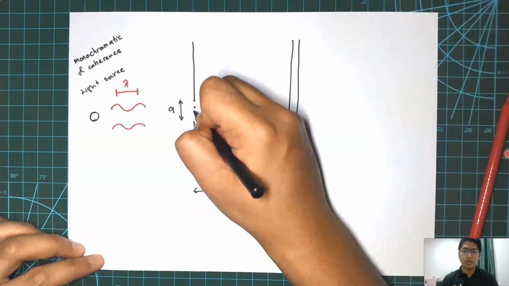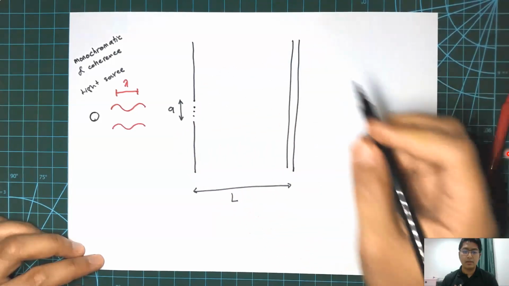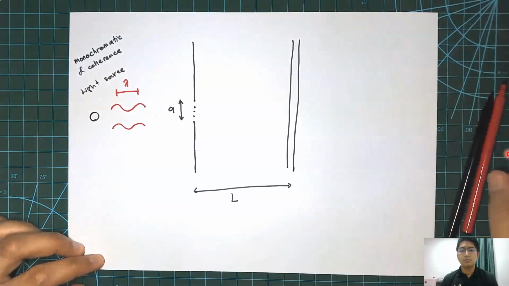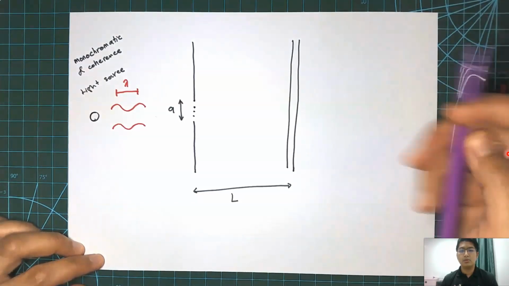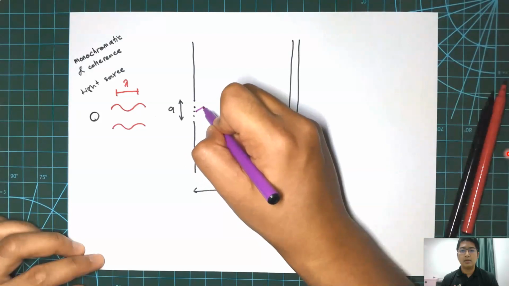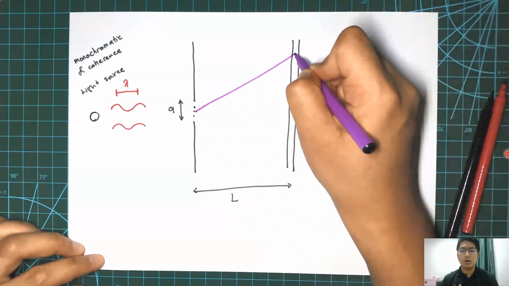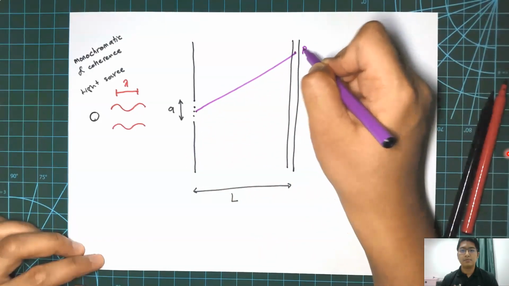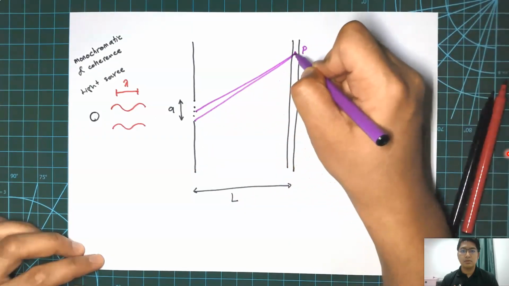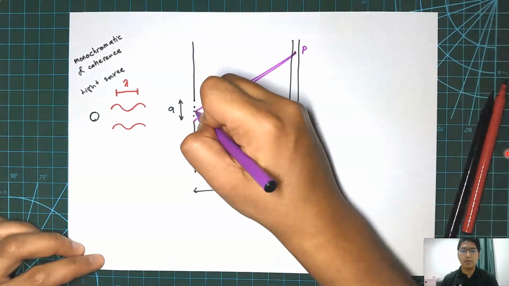So the slit is divided into several portions. Each portion, according to Huygens' principle, acts like a source of light. So we can find the path difference here.